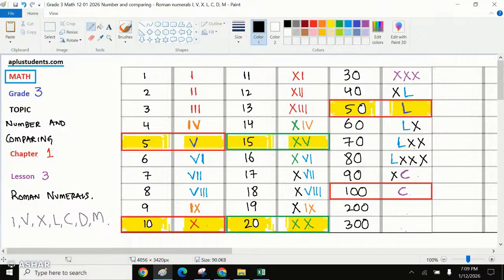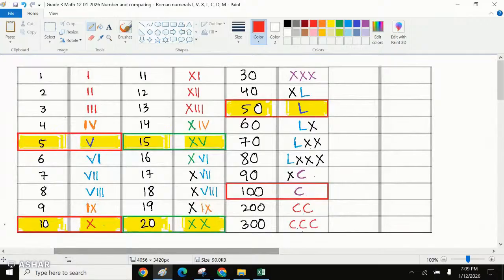200 would mean 2 C's, 100 and 100. 300 would mean 3 C's. Agreed? So we need to keep in mind what is important for us. What I've highlighted with yellow are very important, because before this point and after this point, it will change a lot of things, right?